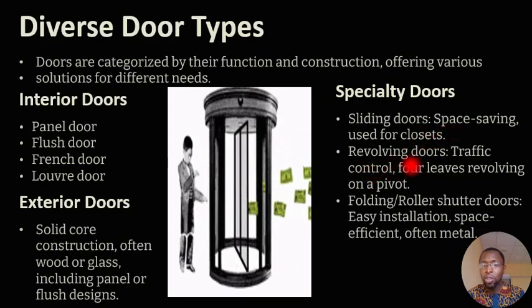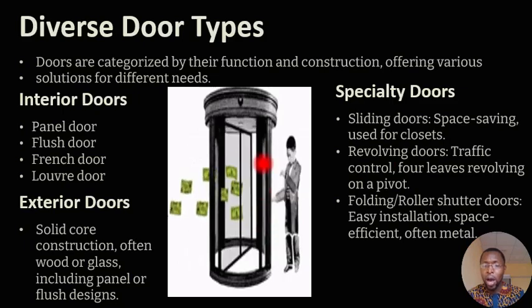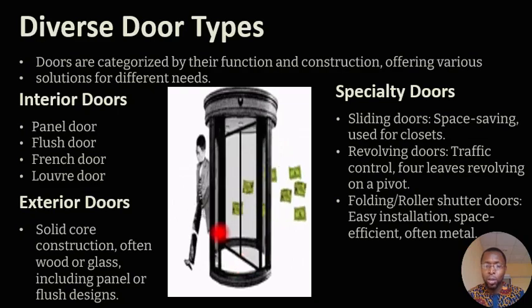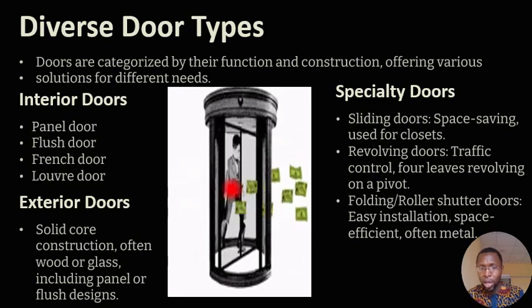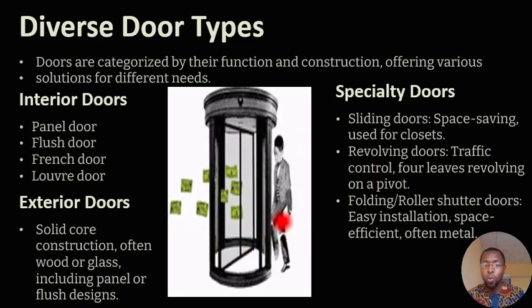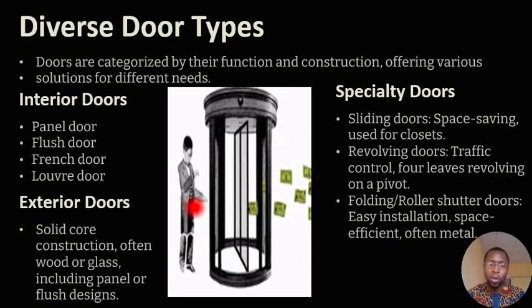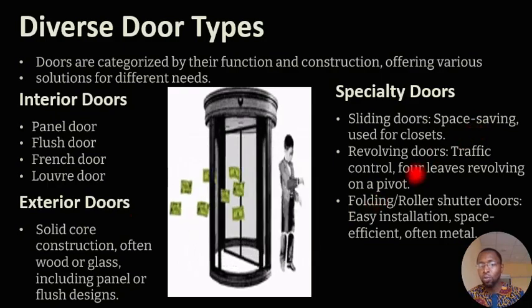We have revolving doors. As you could see, this is an example of a revolving door. So revolving doors are used to control traffic so that people can wait for one another. See, as this man goes in this way, the other side is closed because the door is revolving. So once it revolves one direction, the other side closes until the man goes out, then opens again. So it helps in traffic control.